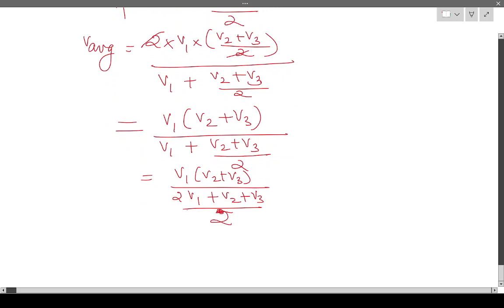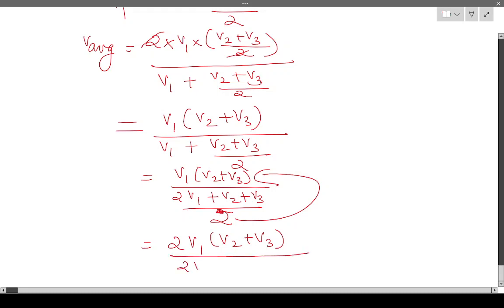This 2 will go here, and this is going to be 2 v1 into v2 plus v3 whole divided by 2 v1 plus v2 plus v3. That is going to be v average. Okay, so this is a problem.